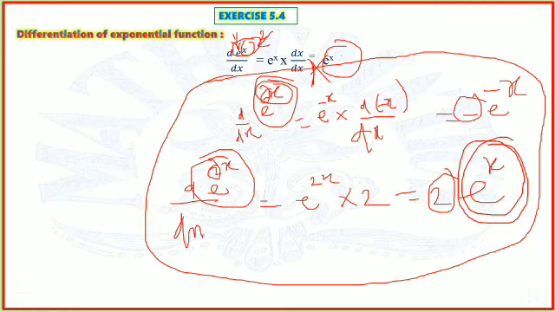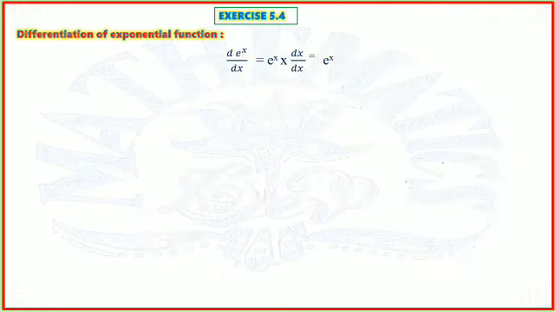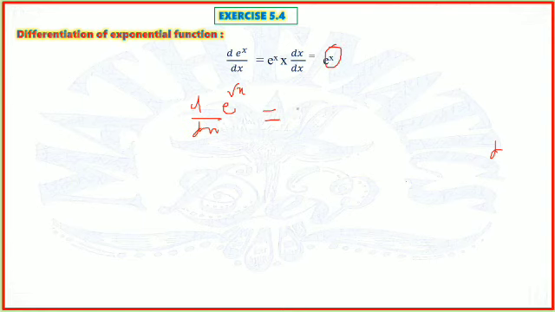Got it? On the other hand, for example, d over dx of exponential under root x. For example, the question is like that. Then as I told you, the derivative is first of all the exponential as it is, whatever the power is, you write it like this. Then you differentiate the power d over dx.